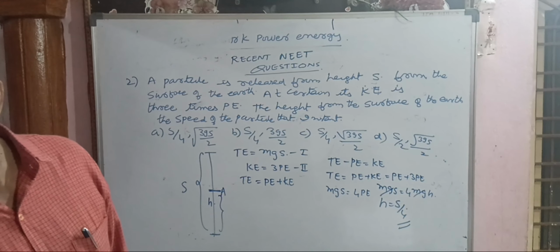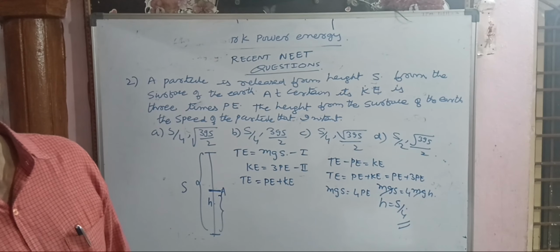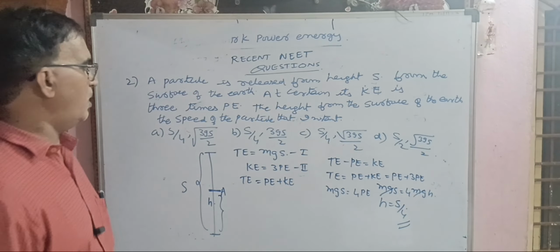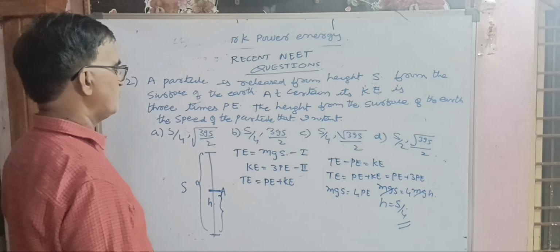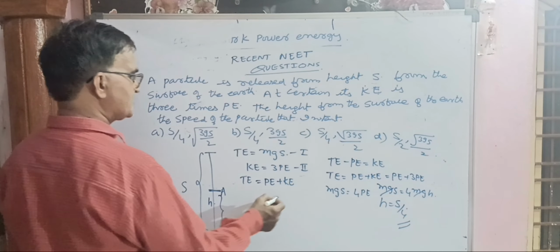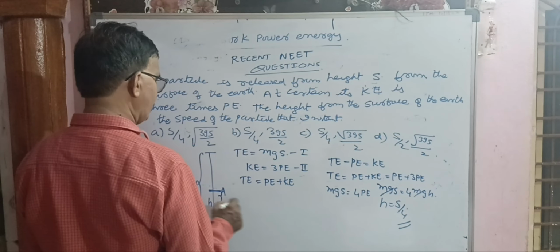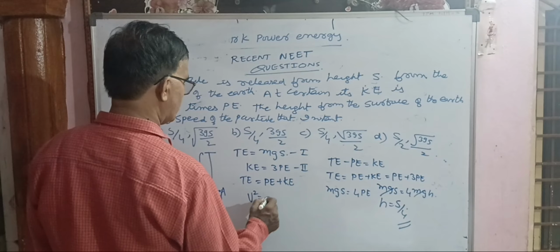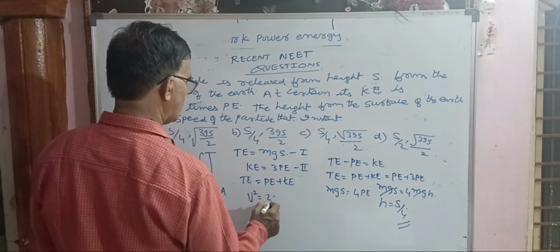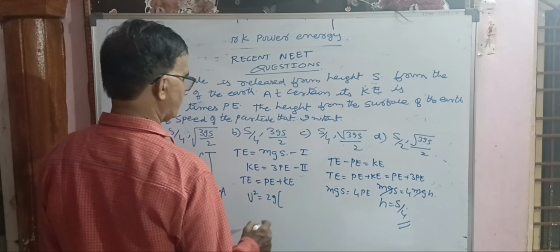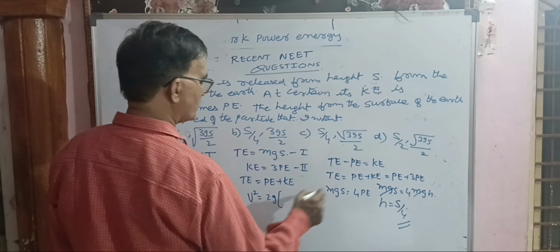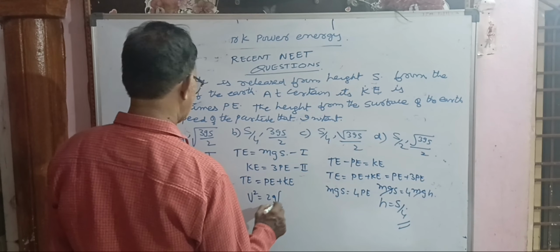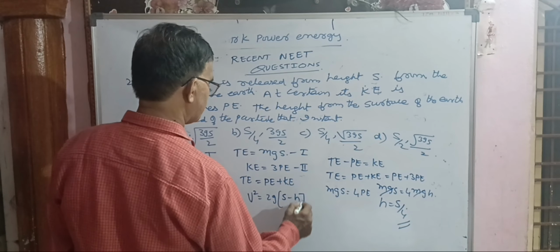Next, what do you have? Velocity: v square. It is falling freely, no? Here v square is equal to 2g into (s minus h).